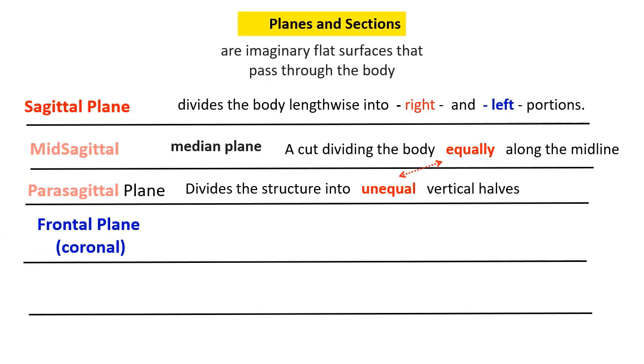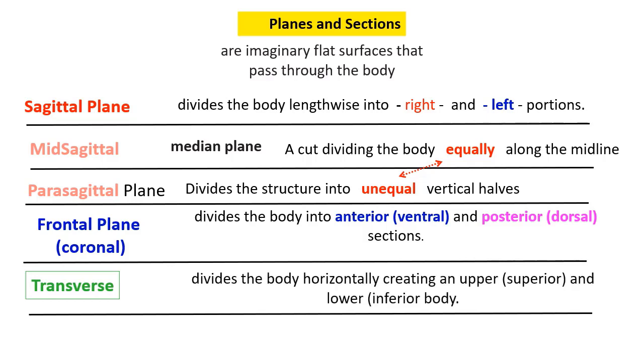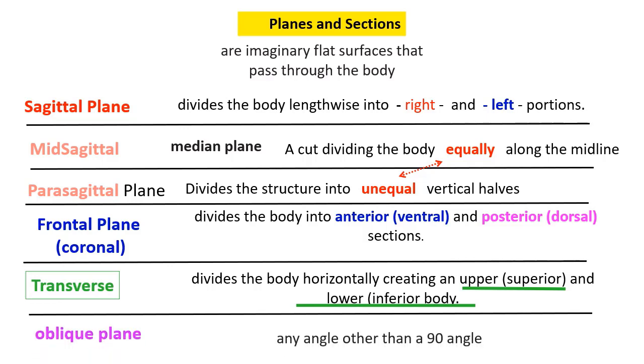The mid-sagittal is in the median plane. Parasagittal divides the body into unequal halves. The frontal plane or the coronal plane divides the body into anterior or ventral and posterior or dorsal sections, and the transverse is easy. It's superior and inferior body parts.